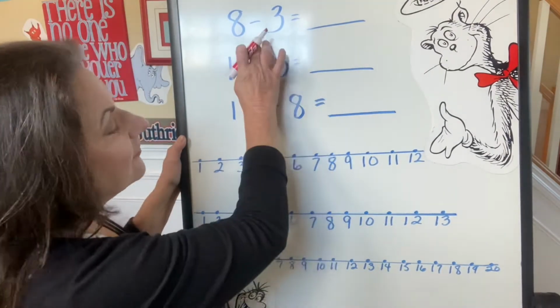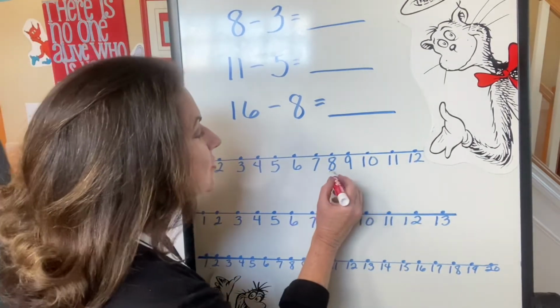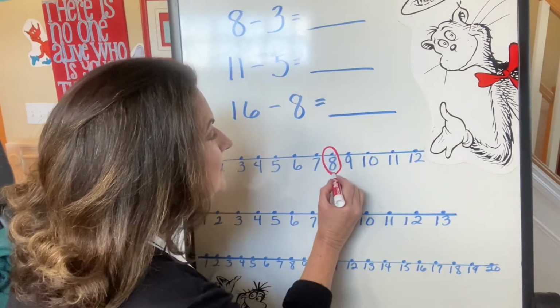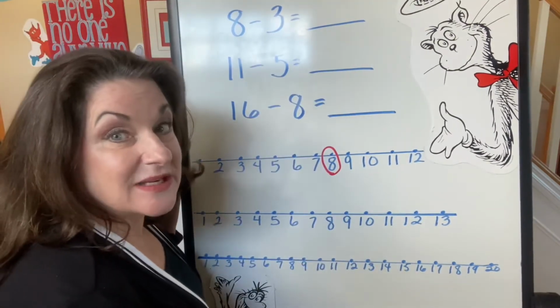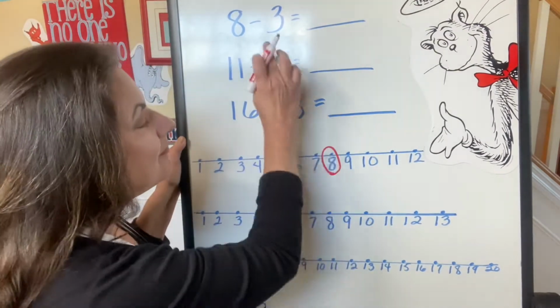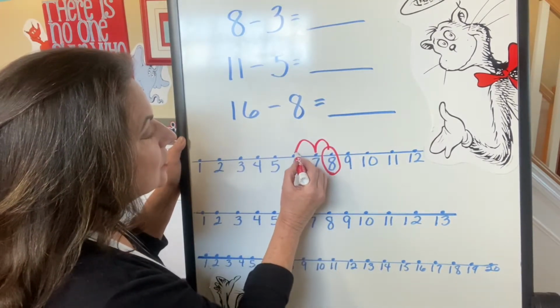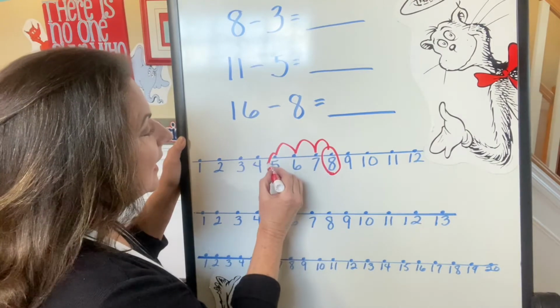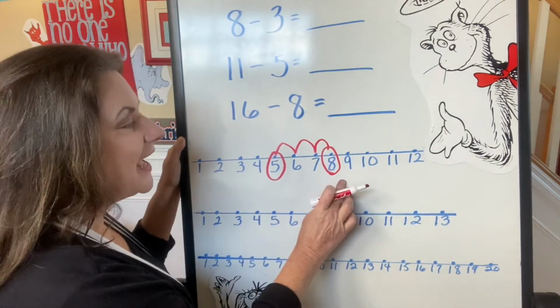So let's look at the first one. I'm going to start at 8 on my number line. So I'm going to circle that 8, and then I'm subtracting. Minus means subtract. So I'm going to hop back 3 numbers. 1, 2, 3. I end up with 5. I started at 8.